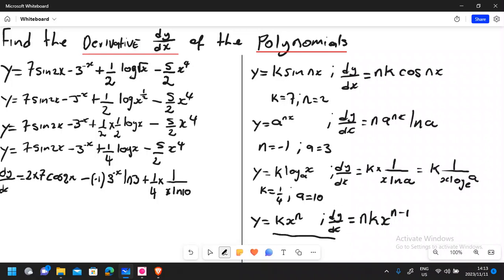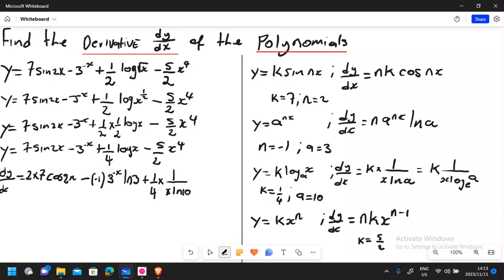I hope you remember this one. If you don't remember, there is a video there. I'll always put these videos there. Go and watch that video so that it can help you understand how to use this formula. But what is our k here? Our k is 5 over 2, by the way.